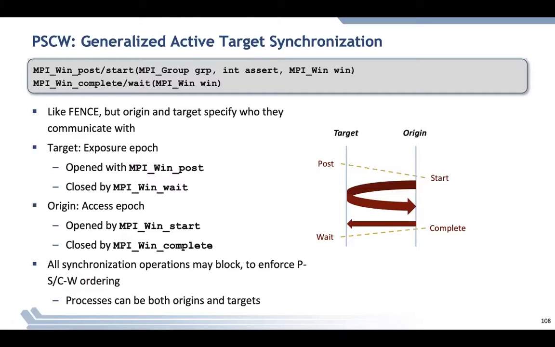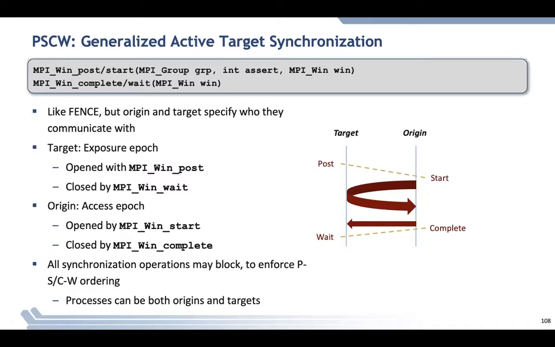Before lunch, we covered the fence synchronization, which, as I said, was collective over the entire group of processes, and that's a potential performance issue if you don't need to synchronize over everybody. So there is a second version that is not collective over the whole group, but you can define subgroups of processes and do the equivalent of a fence across them.